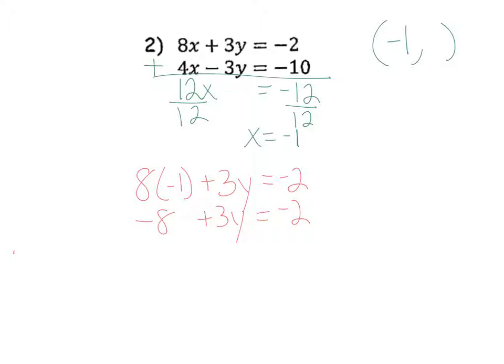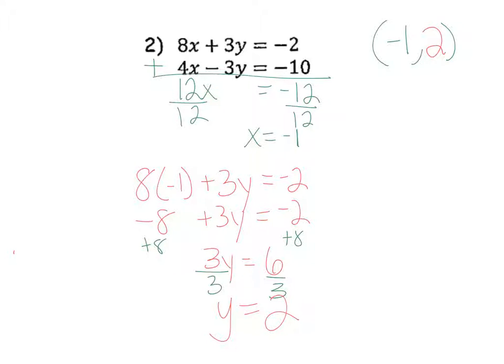Add 8, yeah? 3y equals, what is it? 6? Divide by 3 both sides. 2. Y equals 2. I found the second number of my ordered pair. -1, comma 2. X equals -1, Y equals 2. That's when you know you're finished, when you have both numbers.